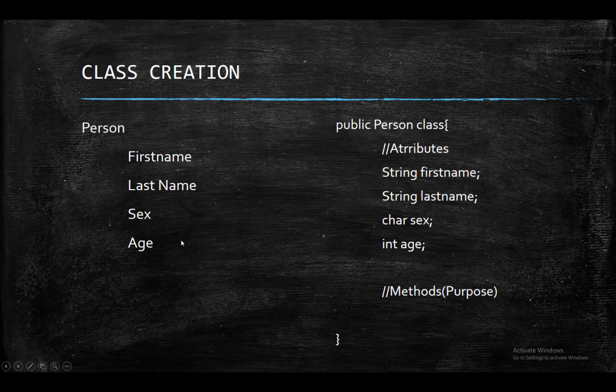So, of course, in Java, if we're going to create an attribute, dapat na siya mga data types. So, we have the string, the character, the integer, the double, the float. In here, we have the first name and last name is a string. You know that already in your fundamentals in Java.